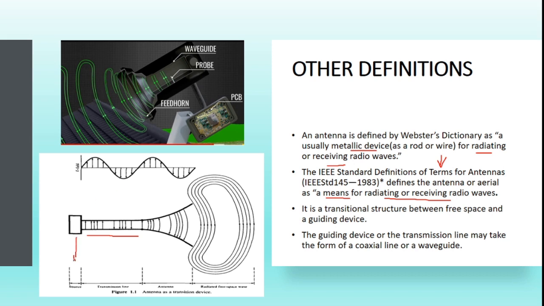This part is the source, which is going to act as a supplier of energy, and after this we have a transmission line through which the waves are going to travel, and if these waves have to be radiated into free space, we need some transitional device in between, which is nothing but our antenna, right? So this is the diagram that depicts how the waves get transmitted from a guided device into free space propagation.